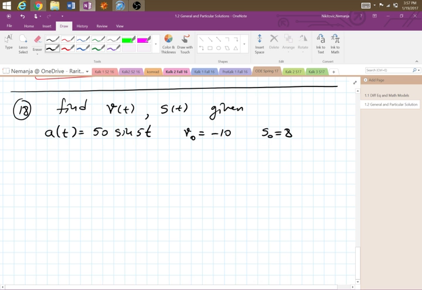Let's take a look at this. So we are supposed to write change in velocity over change in time, that's the acceleration, equals 50 sine 5t. And we do the separation of variables, so dv is 50 sine 5t dt.